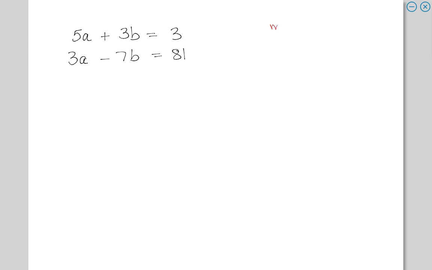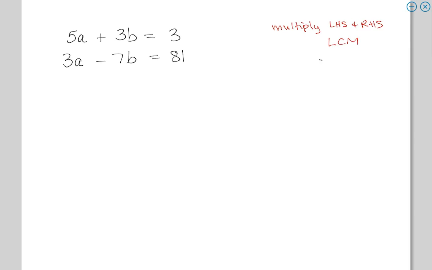So multiply left-hand side and right-hand side by LCM. And that LCM is, not by the LCM, I'm going to put to the LCM.